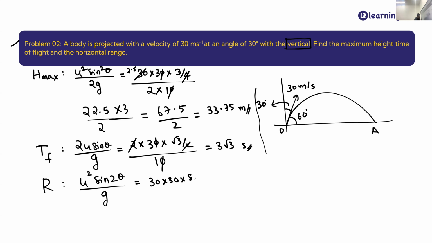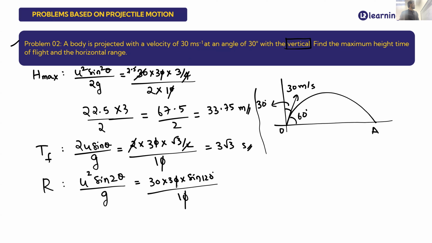The whole divided by how much are we going to get? It is going to be 10. So this and this will get cancelled. What is sine 120? Sine 120 is the same as sine 60. For those who don't know, I'm explaining it. Listen.